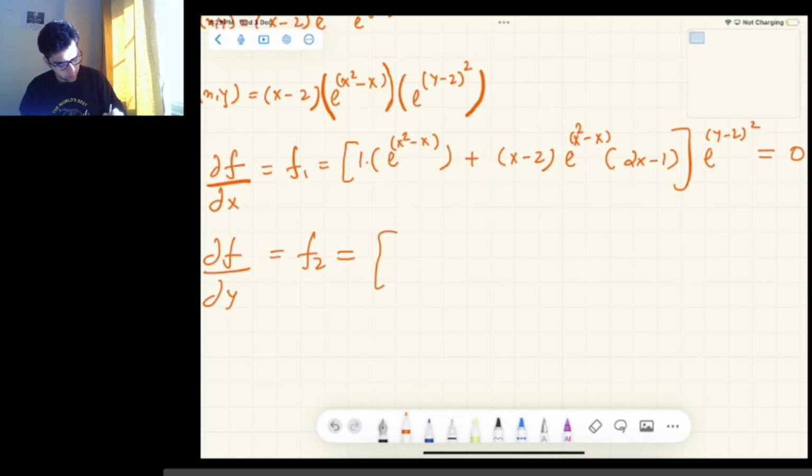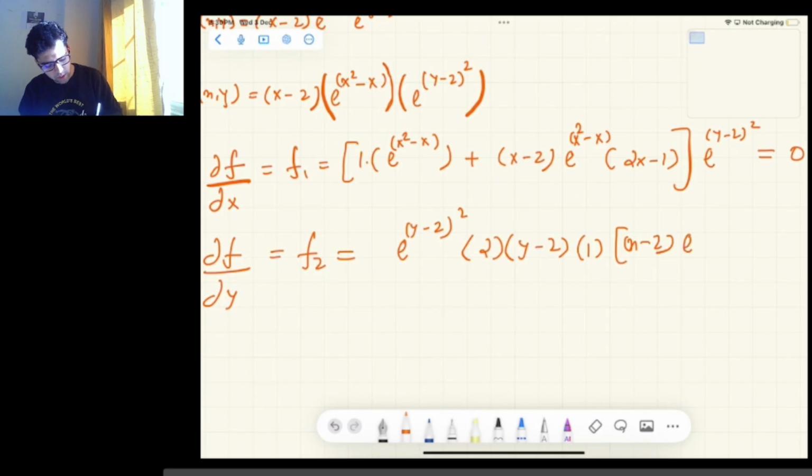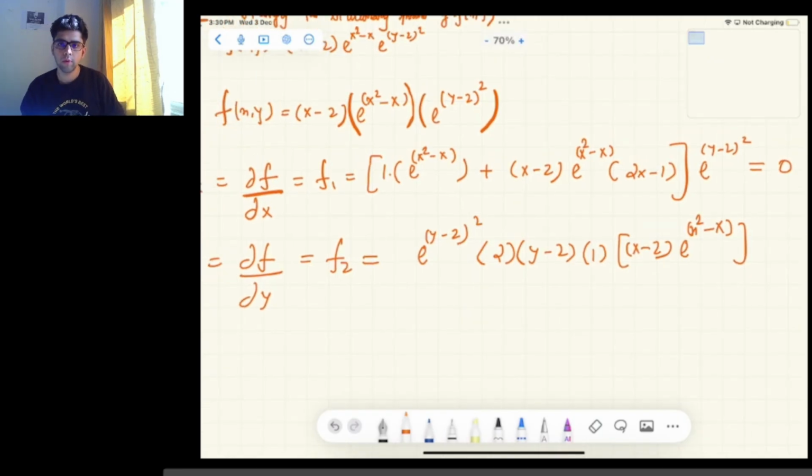So now my constant term will be, wait, first I need to find the differential of this term. So (e^y minus 2) whole square as it is, times 2(e^y minus 2) times e^y. Now this was the constant term. So my constant term here was (x minus 2) e^(x square minus x). This was my constant term. I hope you guys can see what I'm doing here.